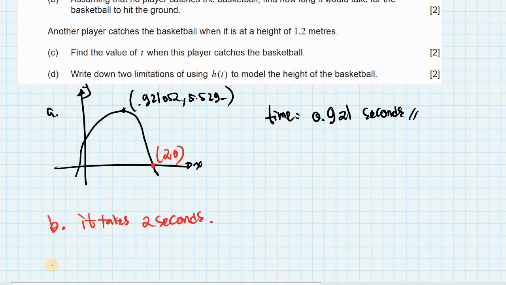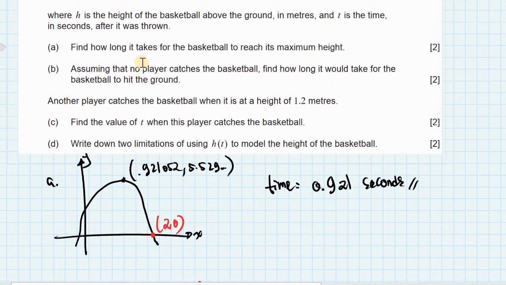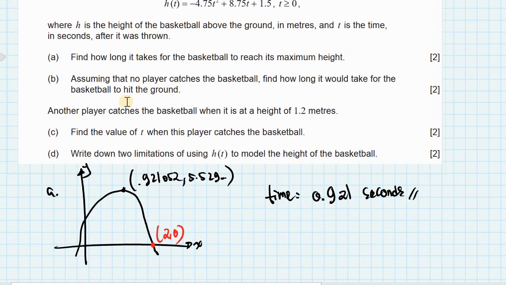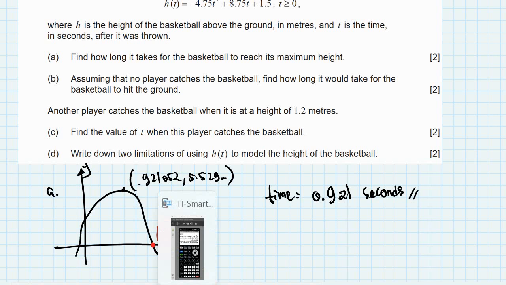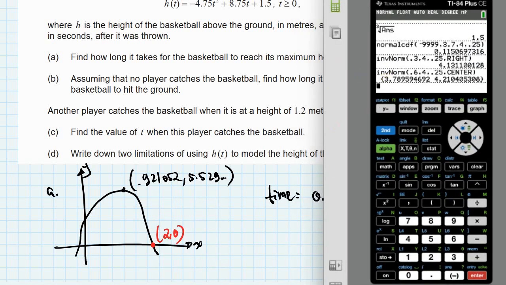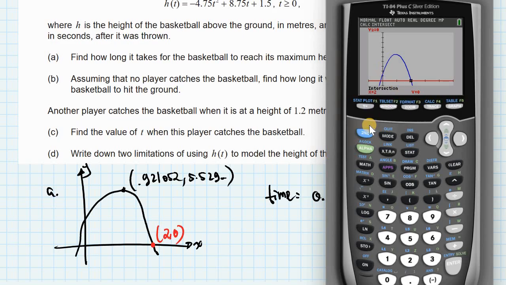Question C. What's question C? Another player catches the basketball when the height is 1.2. Find the value of t when this player catches the basketball. Okay, cool. So we have to make another one, which is in this case 1.2. Let's graph it.